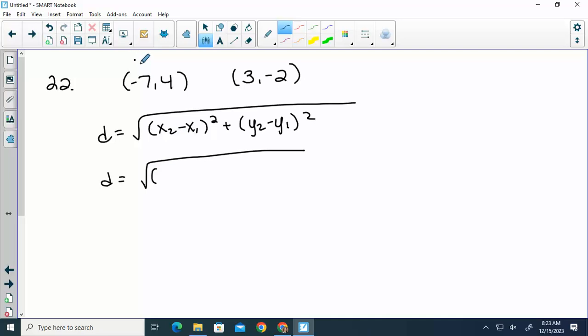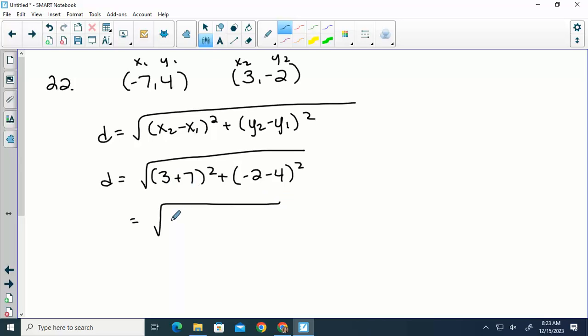So this is like x1, y1, x2, y2. So 3 minus negative, so plus 7 squared. -2 minus 4 squared. 7 plus 3 is 10, squared is 100. -2 minus 4 is -6, squared is 36. So we get the square root of 136.